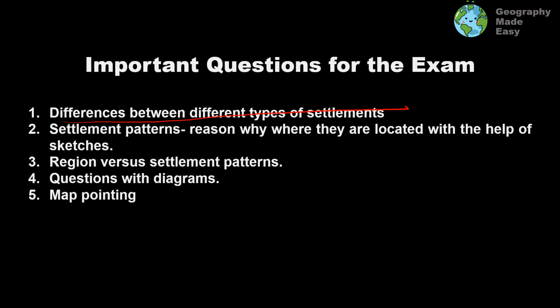And finally, we have the map pointing, where they can ask you a state with dispersed population settlements, or a place with nucleated rural settlements. So these questions can also come.